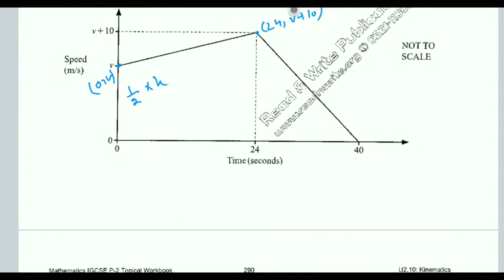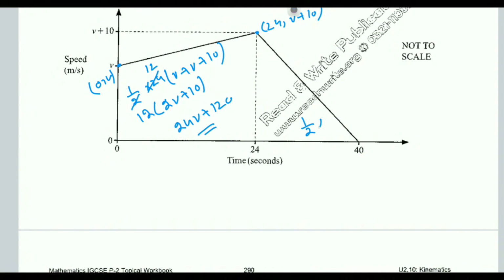So the height of the trapezium is 24, and the opposite parallel sides are V and V plus 10. You can check these values from the sides. So one half times 24 times V plus 10: 12 times 2V plus 10 gives 24V plus 120.